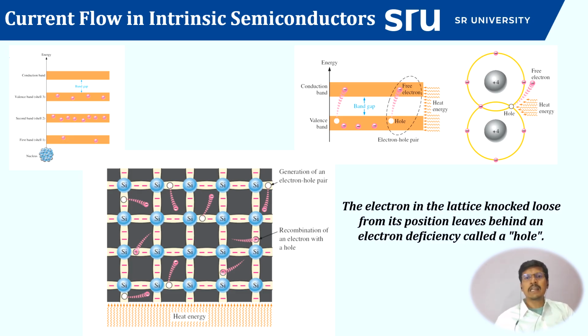Therefore, electrons often contribute slightly more to the conduction than holes. This mechanism of current flow forms the basis of semiconductor device operation. Every diode, transistor, solar cell, and integrated circuit depends on the controlled movement of electrons and holes.